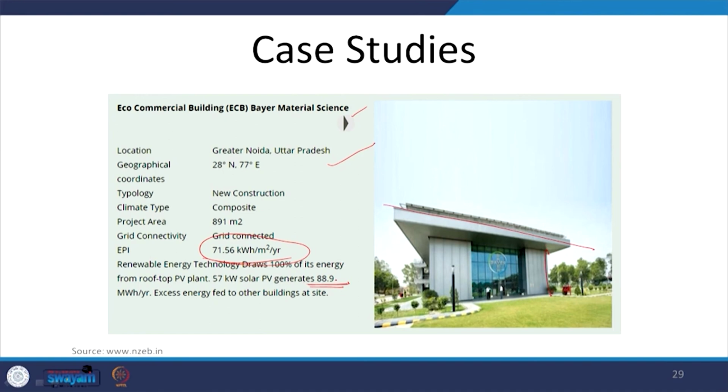And this excess energy it gives back to the other buildings on site. So, it is not just a net zero energy, but it is an energy positive building where it generates more energy than it consumes.